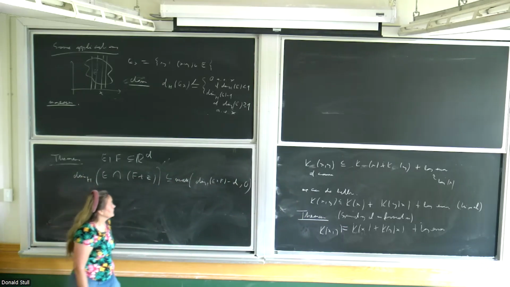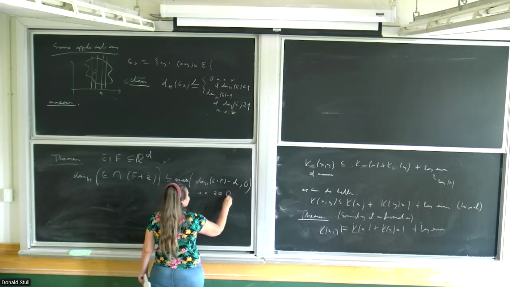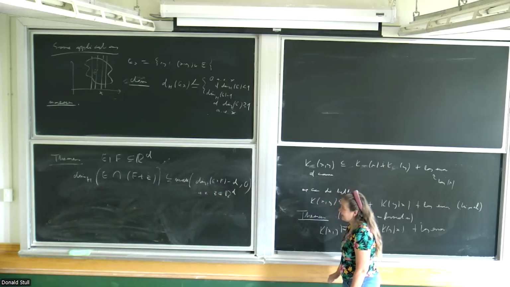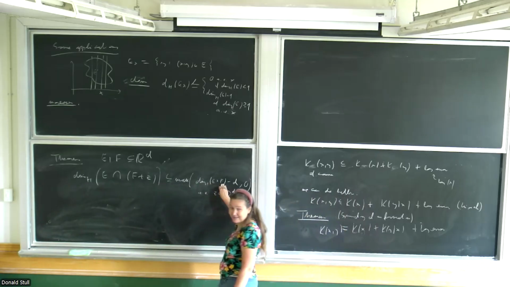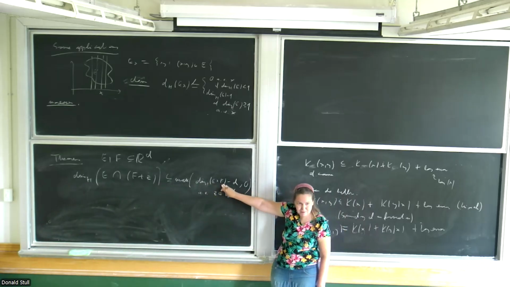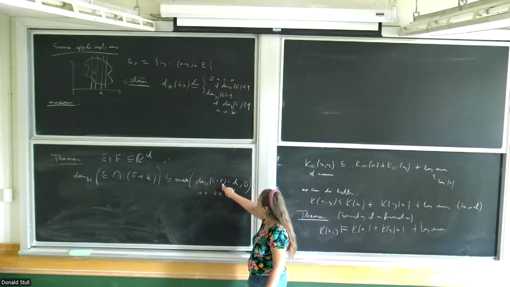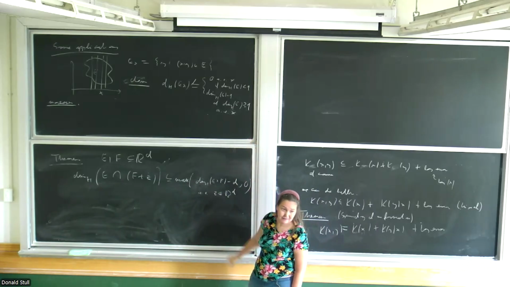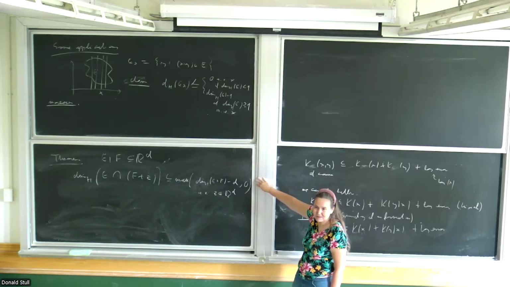So this is true again for almost every shift. So when F is a line, the dimension of a set multiplied by a line, that always increases the dimension by 1. So in the plane, this is dimension of E plus 1 minus 2. That's dimension of E minus 1 for the lines. So this is the theorem.